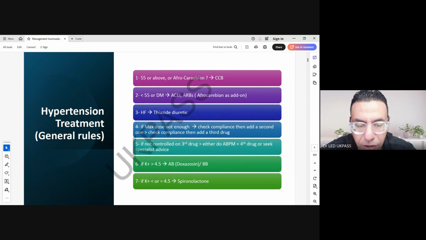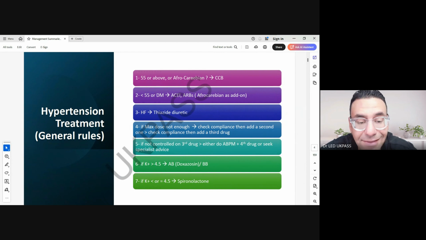For example, a patient 55 years old and above is on a calcium channel blocker, amlodipine, for example, at 5 milligrams or whatever, low dose, moderate dose, and the patient's blood pressure is still not under control. Then think about whether you would be able to increase the dose of this medication.